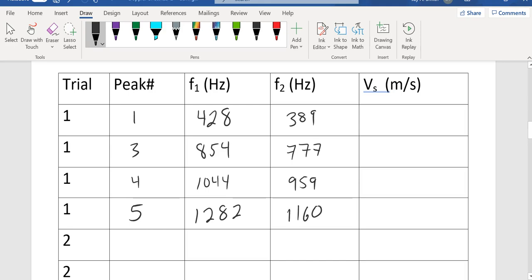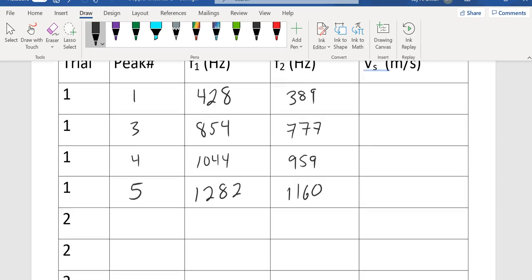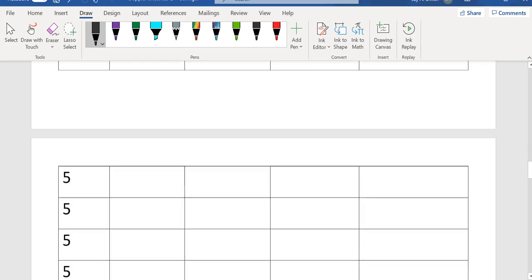Then what you'll do is calculate. Let's do an example here. We're using 428 and 389.